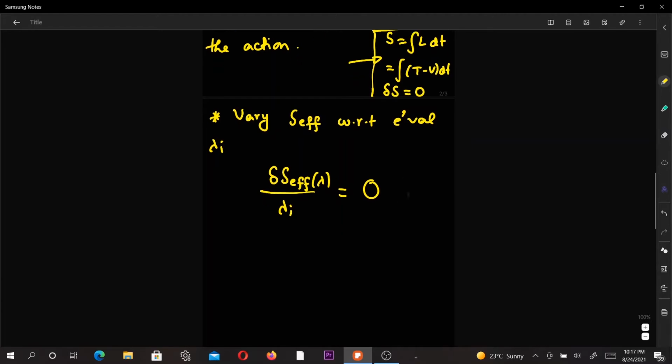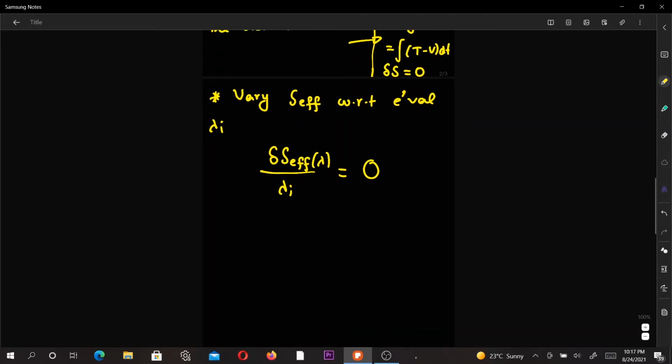That is what the minimization or extremization of the action means. So if you take the variation, that is basically taking the derivative with respect to lambda_i, you'll get something like this.